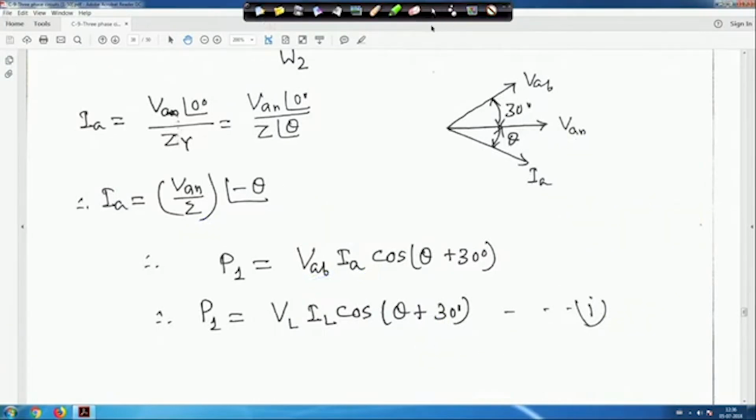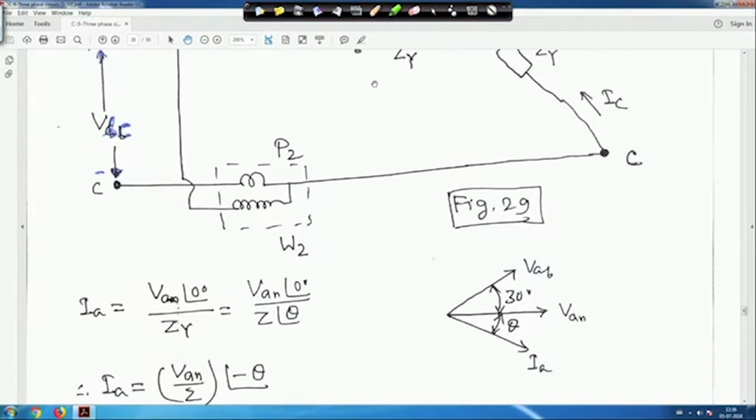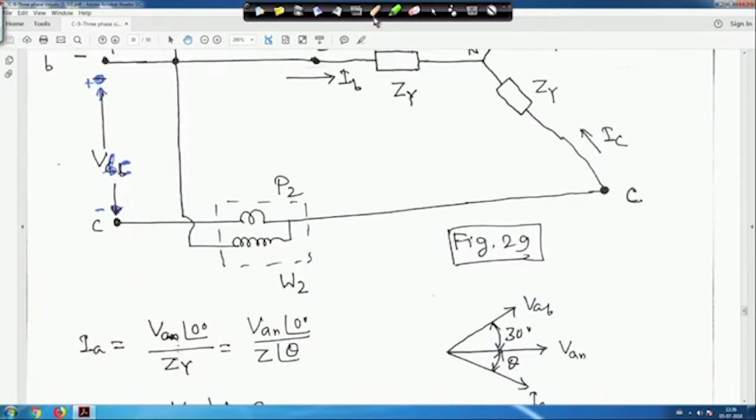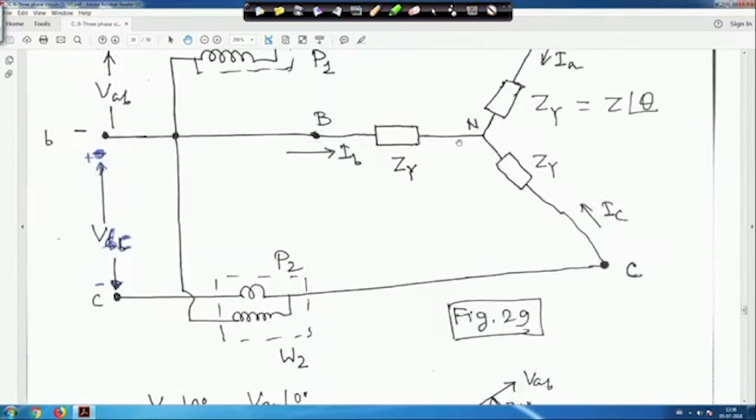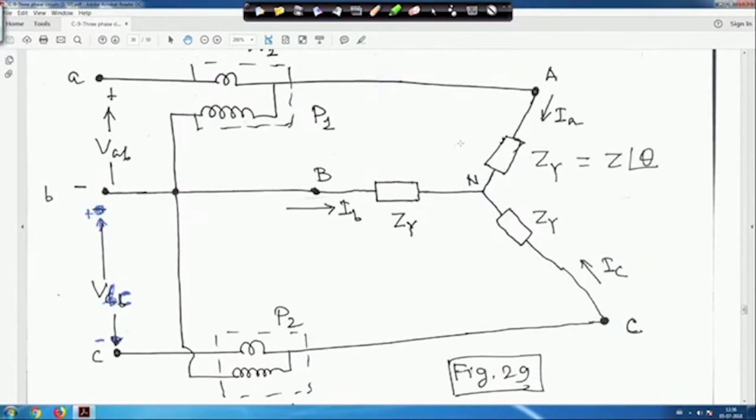Now, wattmeter 2, if you go to the diagram again, in this case its voltage is marked ABBC. Let me move a little bit upward. In this case the current is IC, and the wattmeter is placed here.